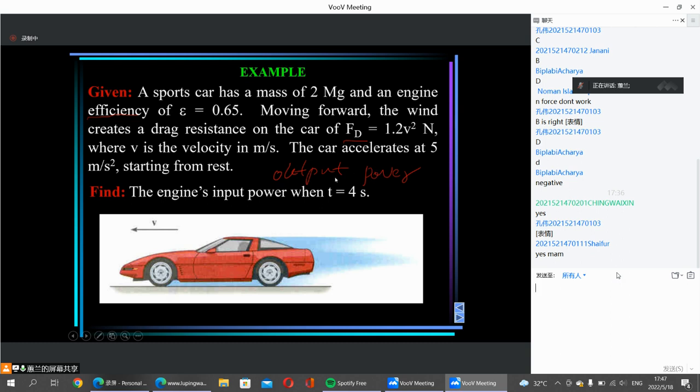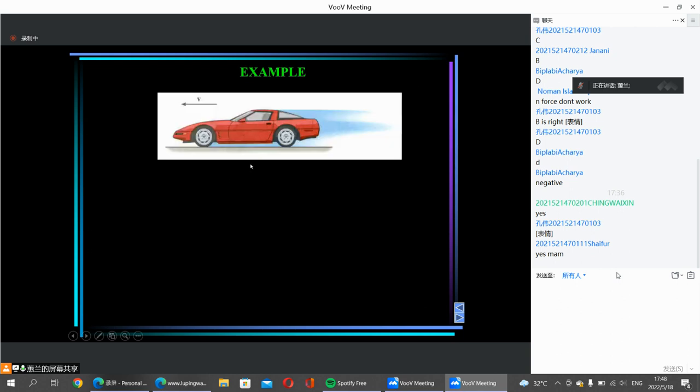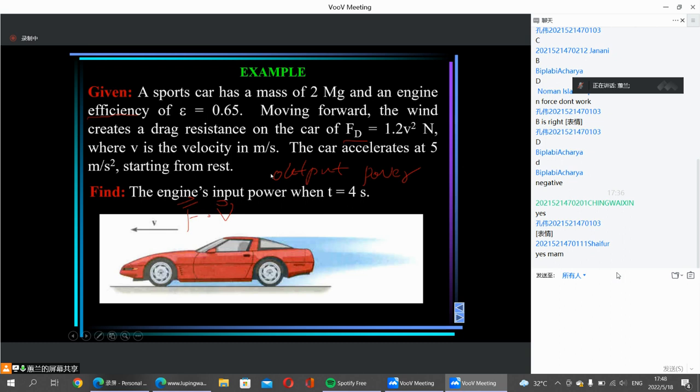The output power is actually equal to F dot velocity. So we need to know the velocity, right? The velocity is easy to find out because the car acceleration is given as a constant and it starts from rest. So we can find out the velocity at t equal to 4 seconds.